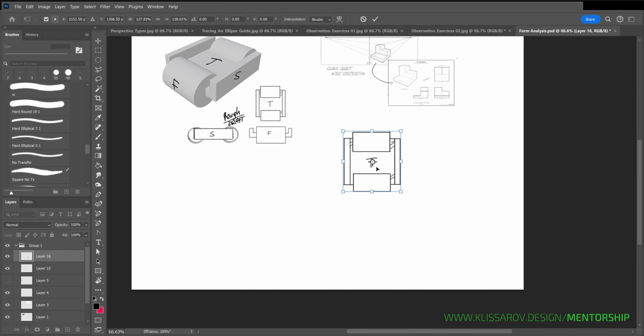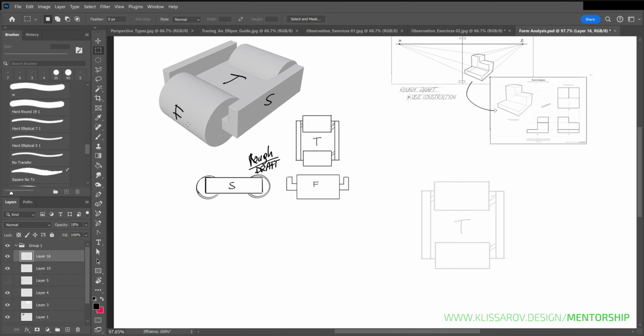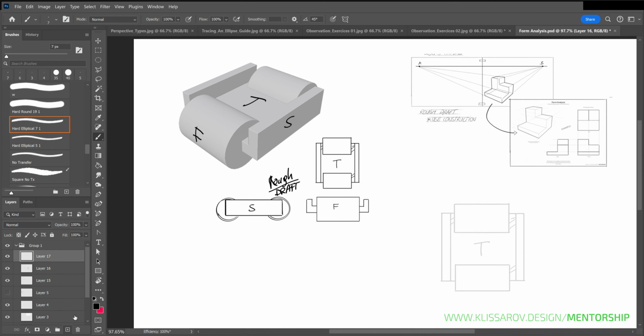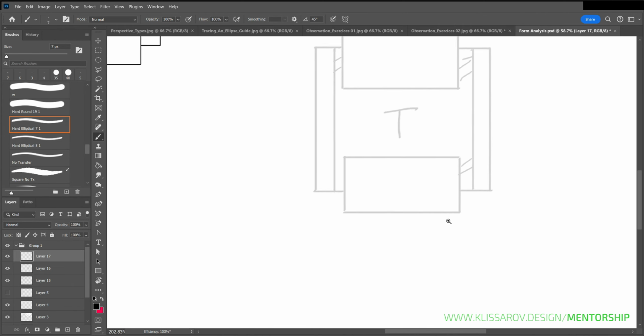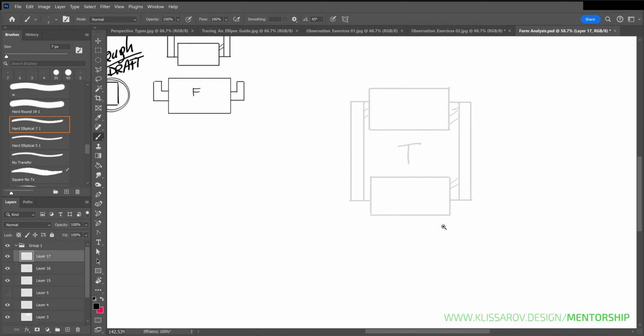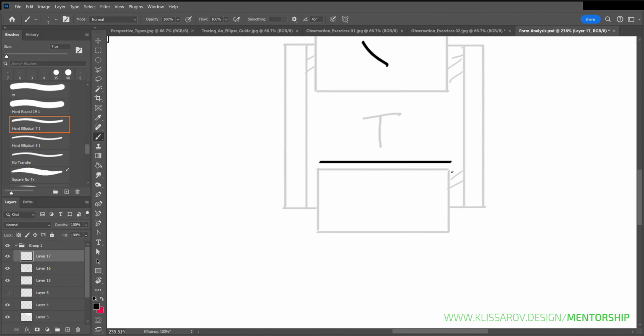So if I use it as a reference and put it beneath, and I look at it again, I'm looking at the shape and trying to see, are my cylinders fine? I feel that they're not far off, but this one seems a little bit bigger than this one, so I should try to correct that right off in the final top view.